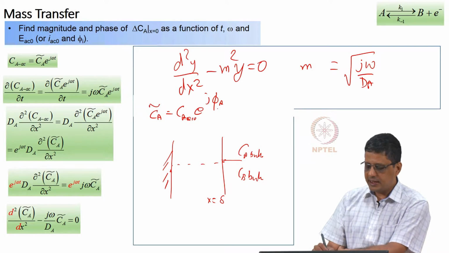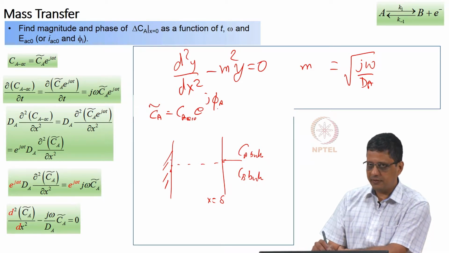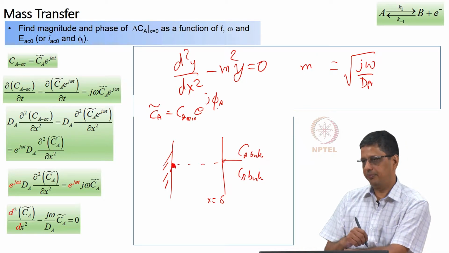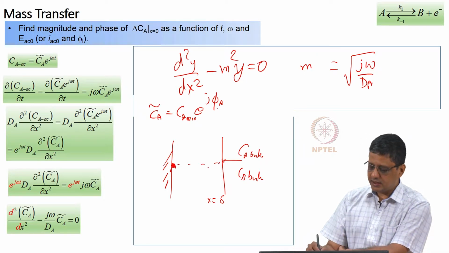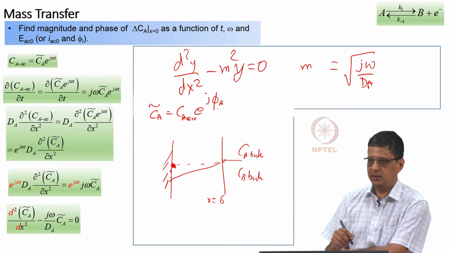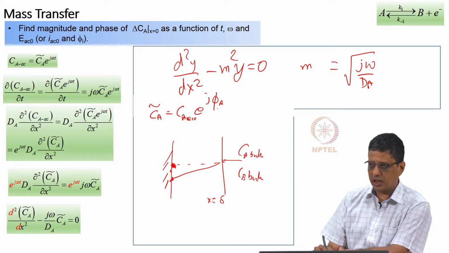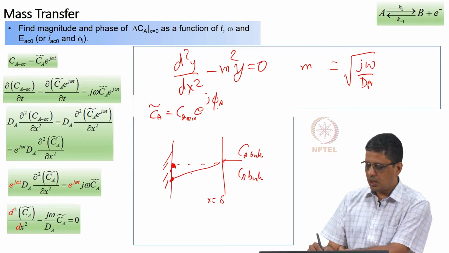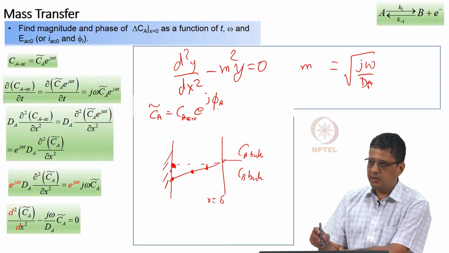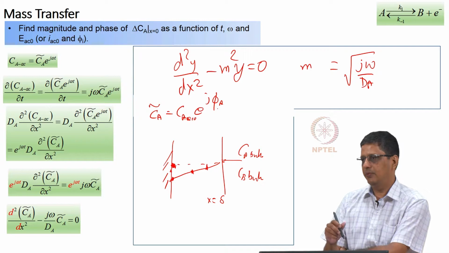When we apply an AC, concentration on this surface is going to fluctuate with respect to time. If there is a DC bias, it may look like this, and if you apply a small AC on top of it, it is going to fluctuate around this. Out here it is going to fluctuate, meaning it is going to oscillate, and in general it will not have a phase in sync with the AC potential.